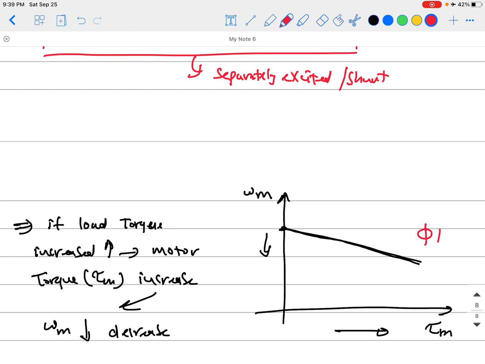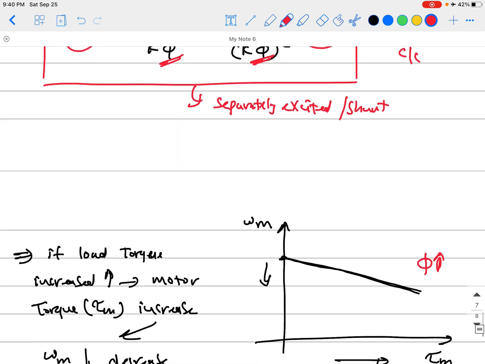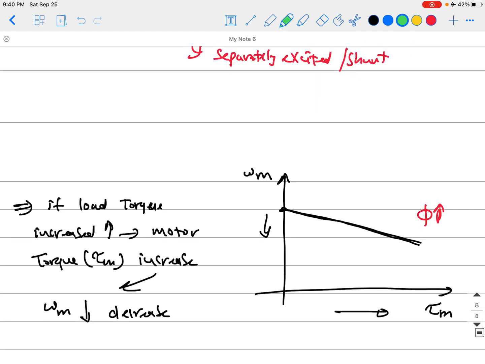If you increase the flux, from this equation, K phi is just in the denominator, so increasing it will bring this characteristic, the whole of it, down. So increasing the flux will bring the characteristics down. What I mean is, for a certain amount of torque like that, you will have less speed.